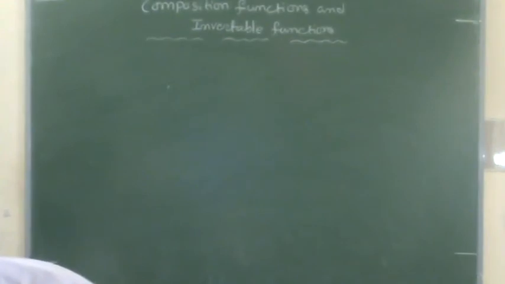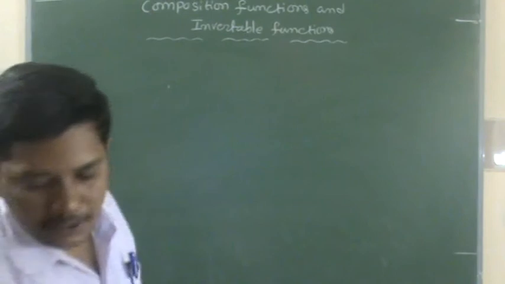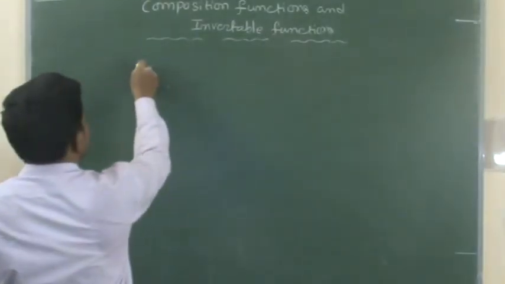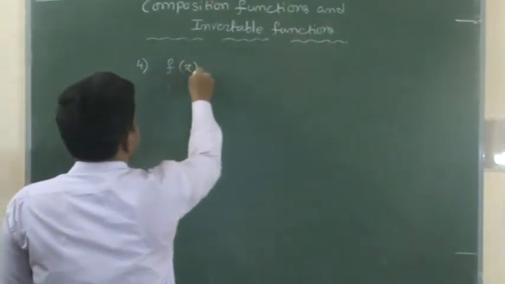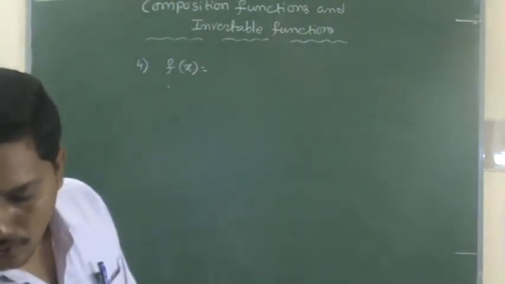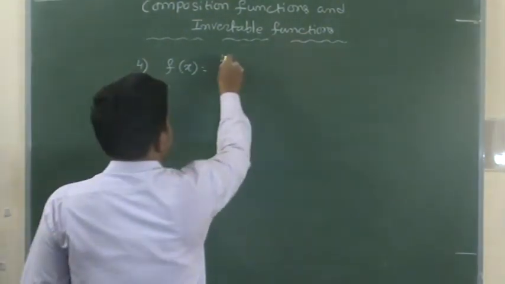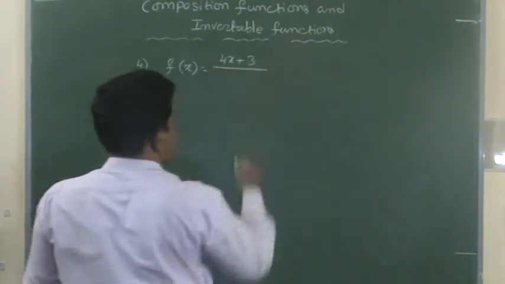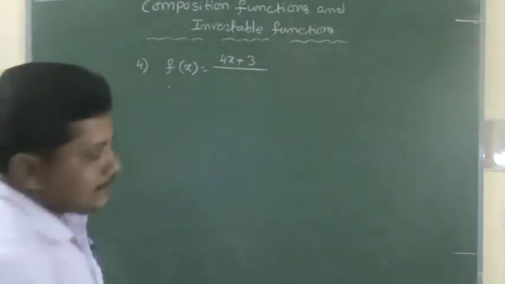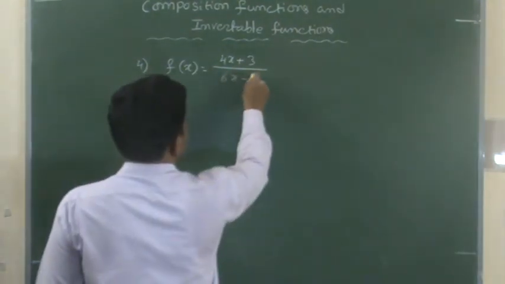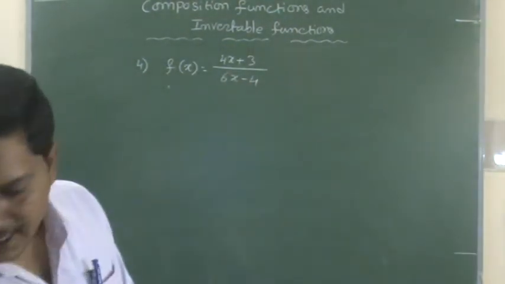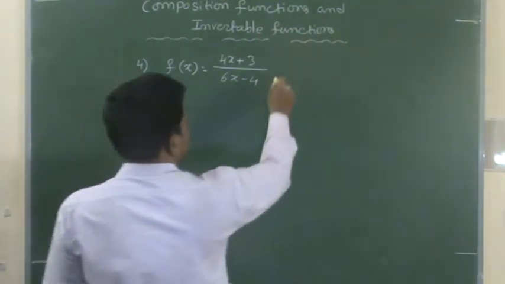I think a similar problem is there in your exercise. We want to do that one. In the exercise, there is a fourth problem. f of x is equal to 4x plus 3 by 6x minus 4, same pattern problems, and x not equal to 2 by 3.